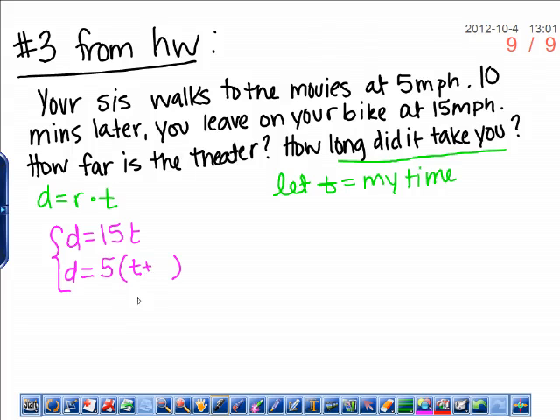If it's shorter, you're going to put t minus. Okay? But I can't put 10 here because my speed is in miles per hour. So 10 minutes equals how much of an hour? 1/6 of an hour. So instead of doing t plus 10, I do t plus 1/6. Okay? The two tricky parts, remembering your parentheses and remembering to convert the minutes to hours.